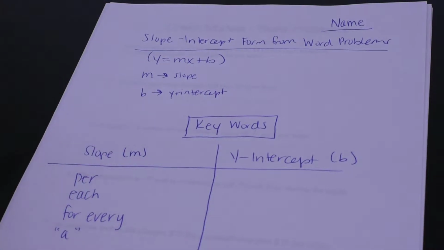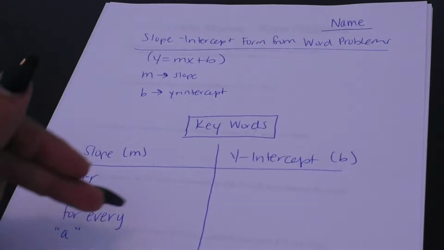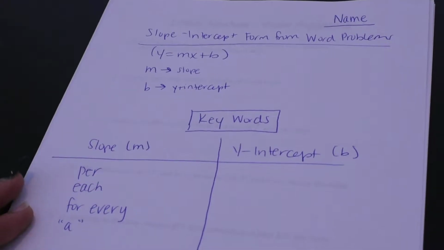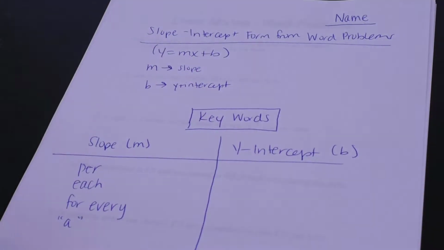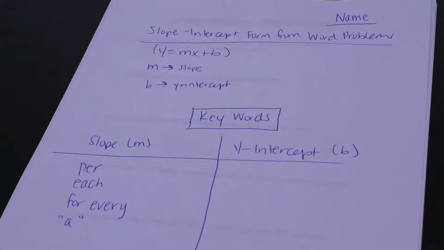It's like $10 per bottle, $10 each bottle, $10 for every bottle, $10 a bottle. Those are all words that will help us identify a slope. That's telling us we have something that is changing for every one thing, right? So you have to pay $10 per one bottle, or the temperature is dropping 2 degrees per 1 hour. It could mean different things.